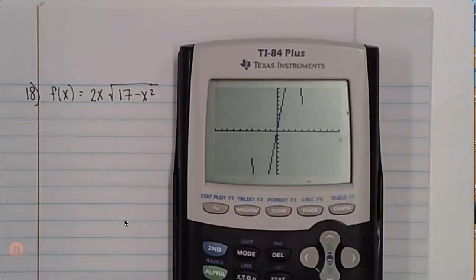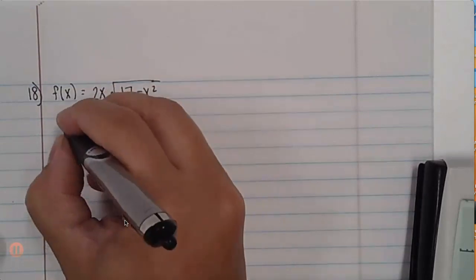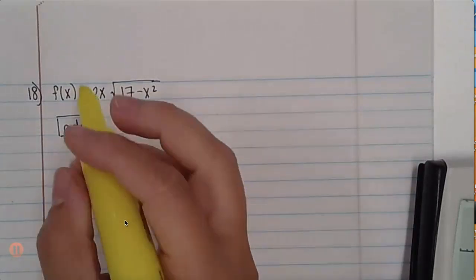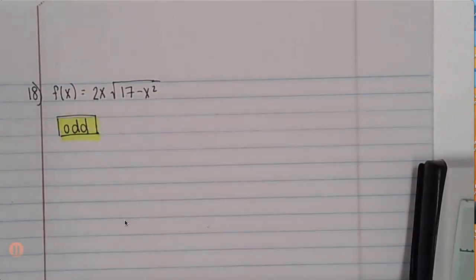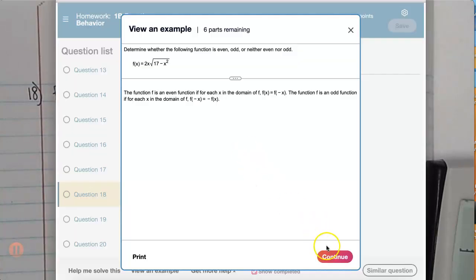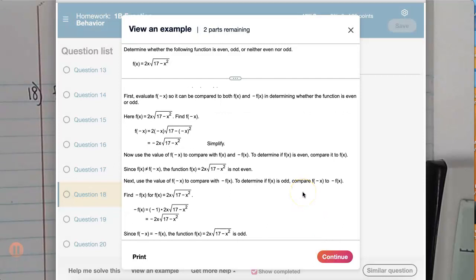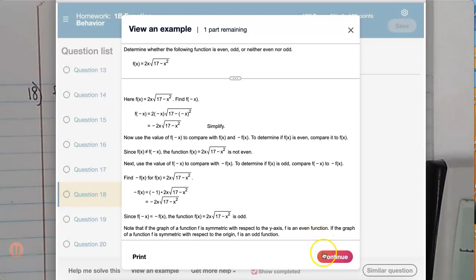It's clear from the graph that this function is odd. They're doing it algebraically, which you can do. I think if it's clear from the graph, there's no need to go through these steps. But it's actually a good idea to go through these steps if you're not sure from the graph, if the graph looks a little iffy.